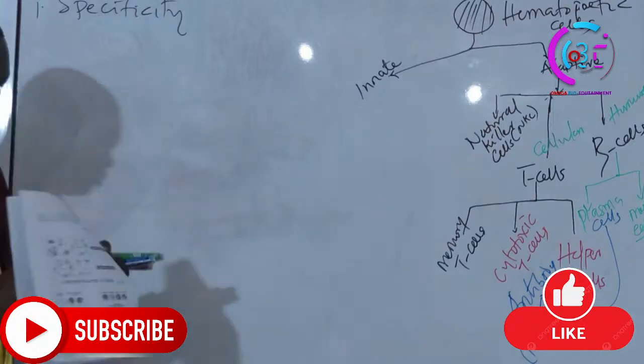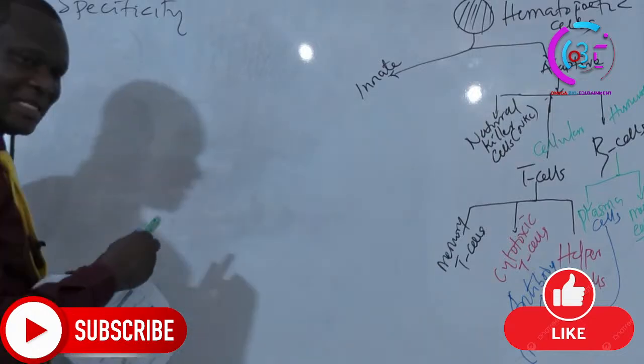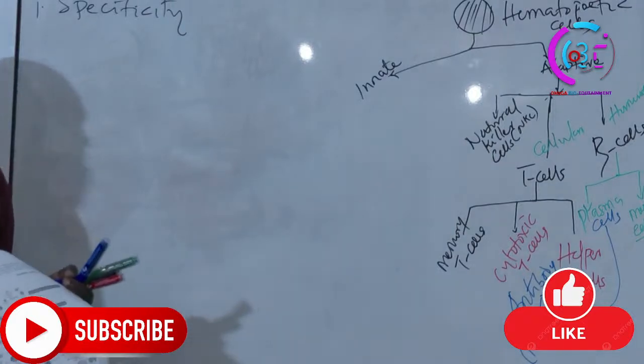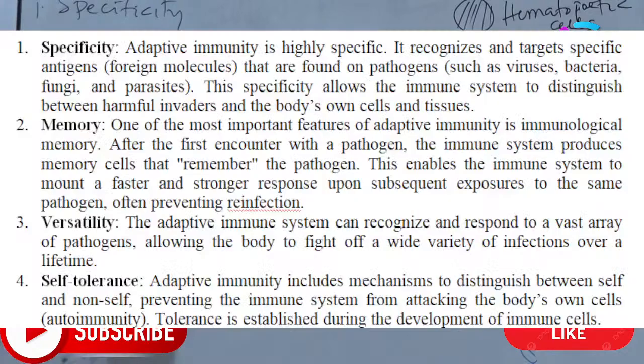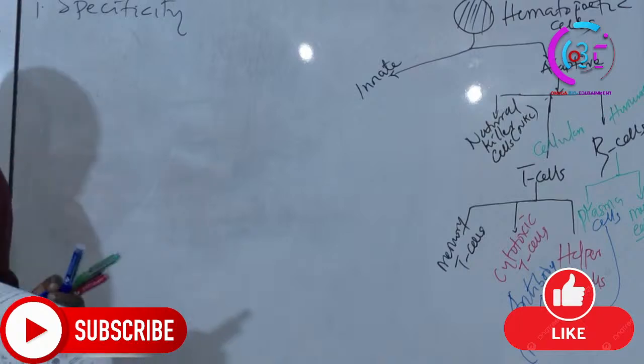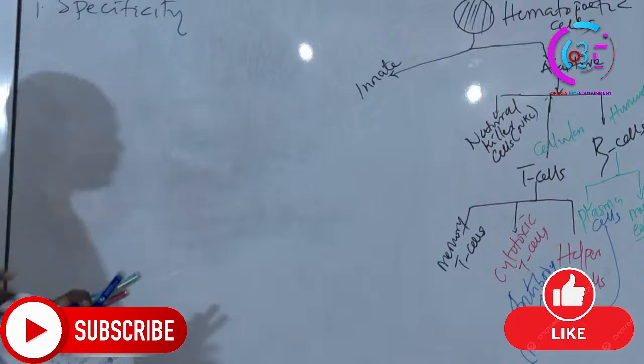The adaptive immune system is highly specific in the sense that the immunological response that is going to be directed when there is a bacterial infection will be quite different from when we have an infection that is coming from viruses. So the ability to differentiate between different types of immunological challenge is the first characteristic of the adaptive immune system.